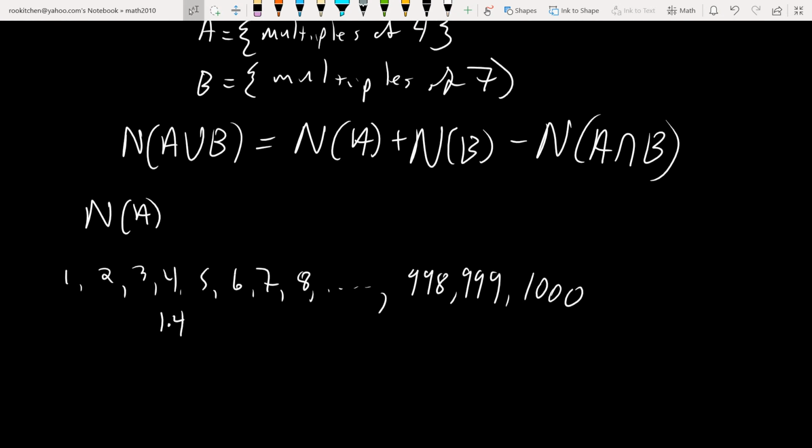Here's the second one, 2 times 4. And then here's the 250th. So there must be 1, 2, 3, all the way up to 250 of them. You could use your formula, n minus m plus 1. It'd be 250 minus 1 plus 1, which is just 250.